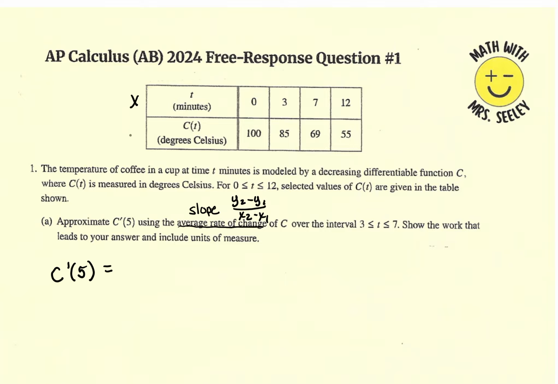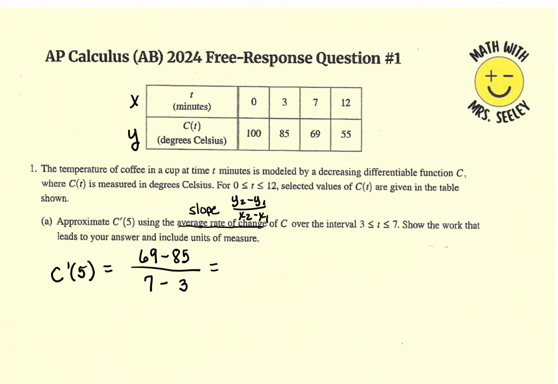Remember, this is your x and this is your y. So I'm simply going to use my average rate of change or slope formula. So I'm going to say y sub 2, which is 69, minus y sub 1, which is 85, over x sub 2, which is 7, minus x sub 1, which is 3.